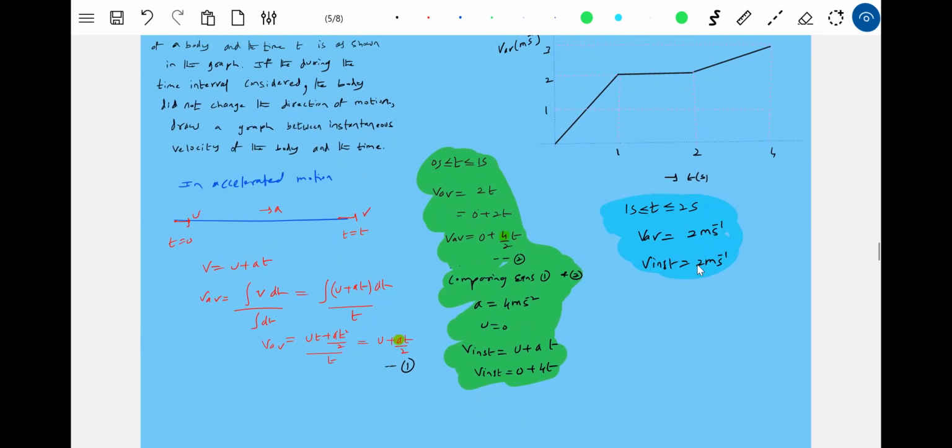So V average, let's write it here, should be equal to 1 plus t by 2. Here, this part, put t equal to 0, so that the intercept should be 1. Put t equal to 2.